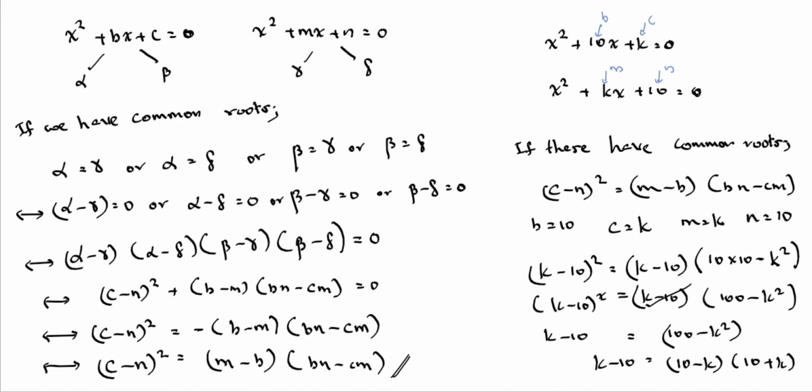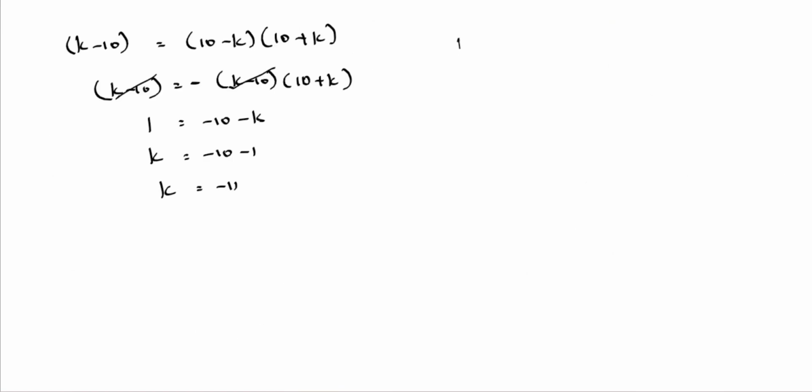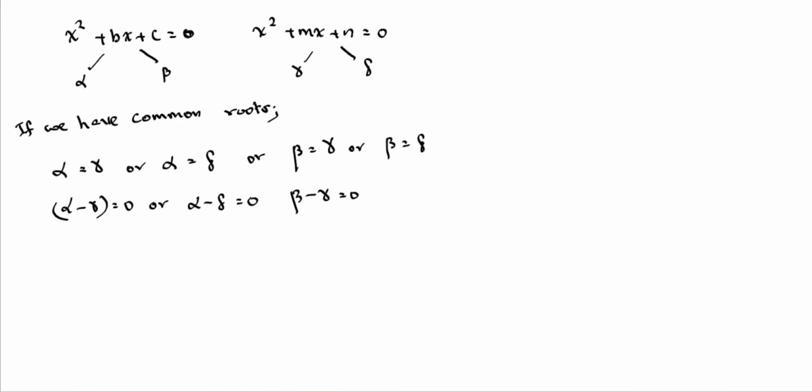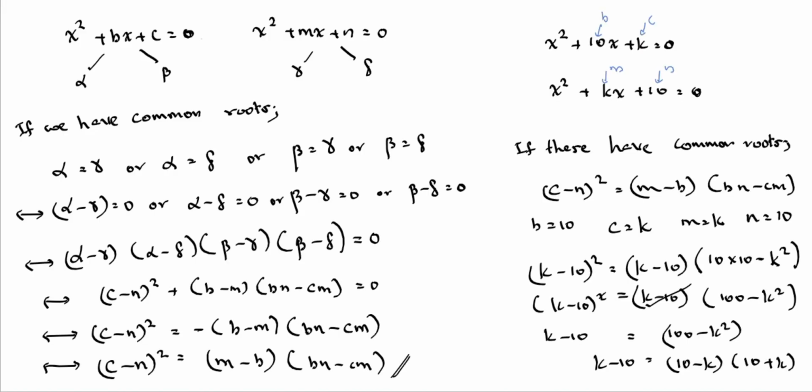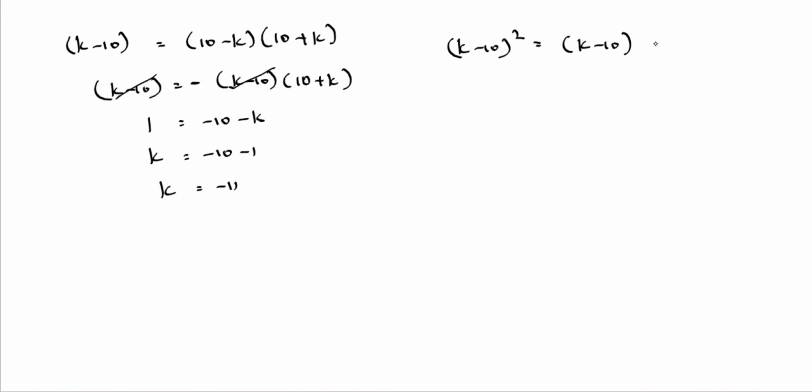So there is a better way you can do this. You can take from here itself again. Instead of cutting this out, you can take (k minus 10) squared equals (k minus 10) times (100 minus k squared). Then you can take all of them to one side. You have (k minus 10)(100 minus k squared) minus (k minus 10) squared equals 0.